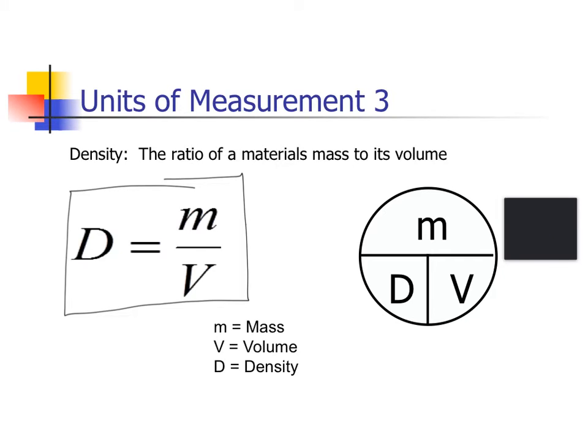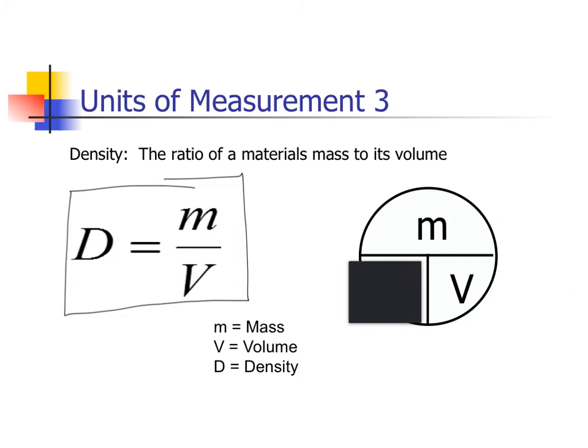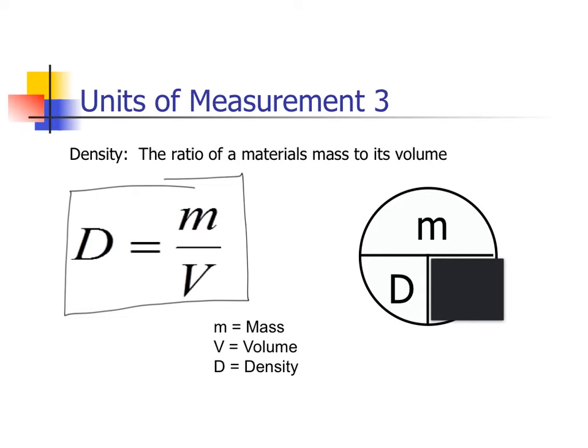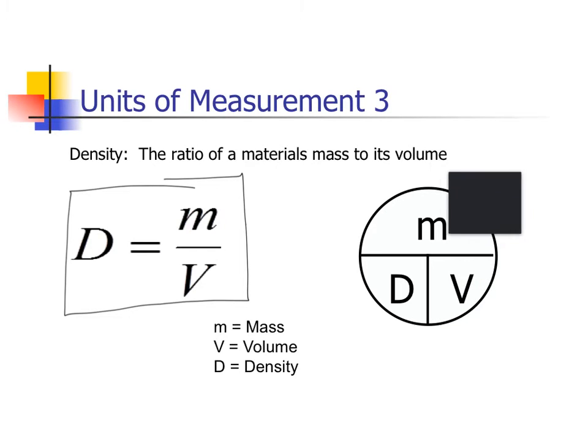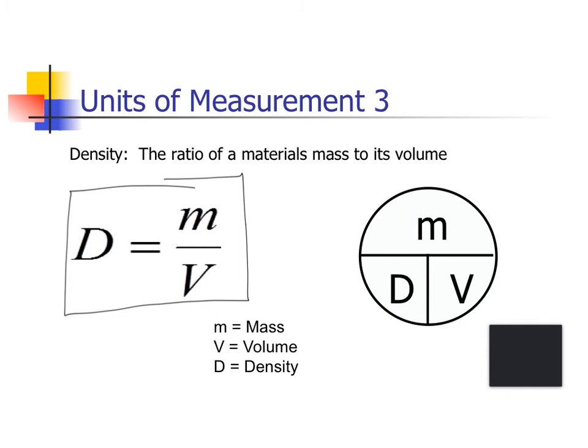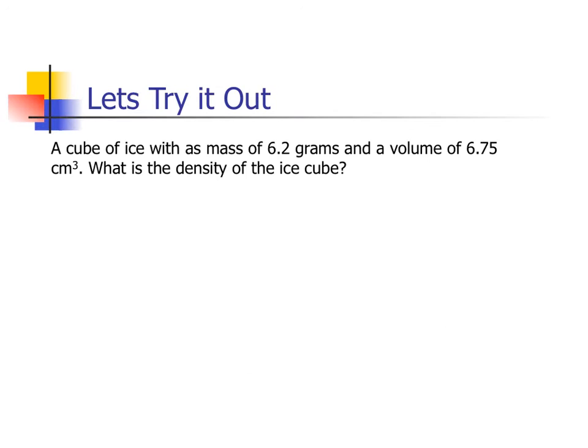If I wanted to find the equation for density, I just cover up the D, and I see that it is M divided by V. If I wanted to solve for V, I cover up the V, and now I have mass divided by density. If I wanted to find the mass, I cover up the mass, and I can see that it is density times volume. So it takes a lot of the algebraic manipulation thinking out of it. I really like students using these circle equations, triangle equations, whatever it is. They work.